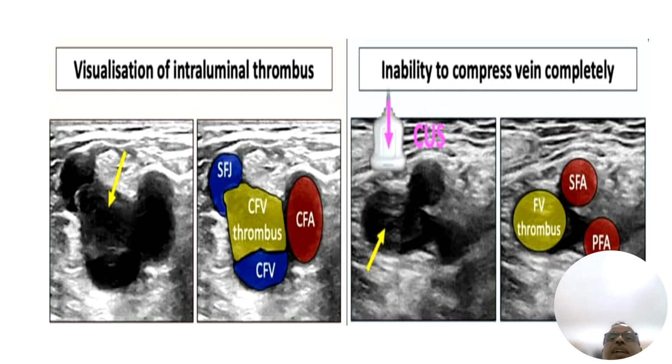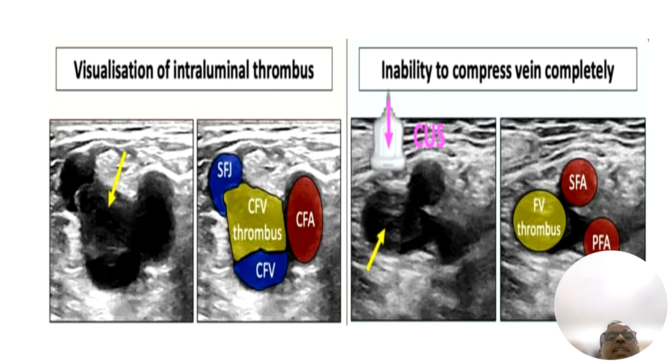Now this diagram would show you a picture of basically a color Doppler or a Doppler ultrasound, which shows on the left side a visualization of the intraluminal thrombus, which is shown by this yellow arrow.